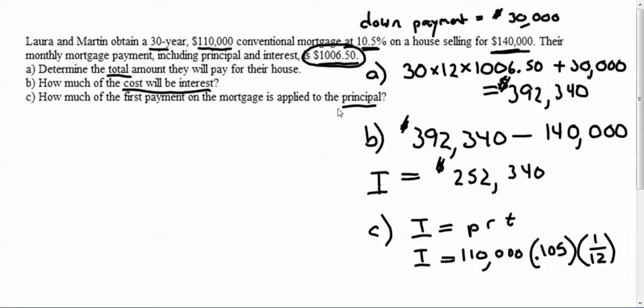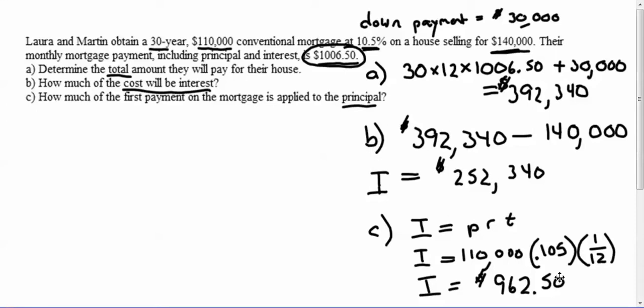So I'm going to go 110,000 times 0.105 times 1/12, or since the 12 is in the denominator, you could just divide that by 12. And the amount of interest for that first payment, that first month, is $962.50.